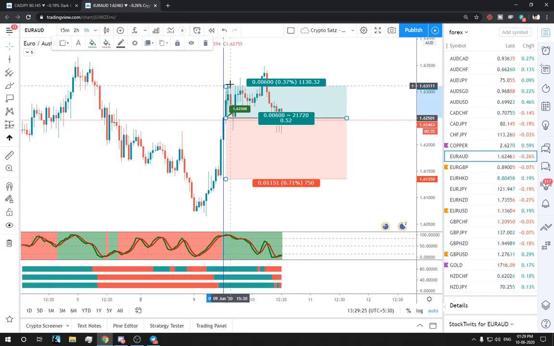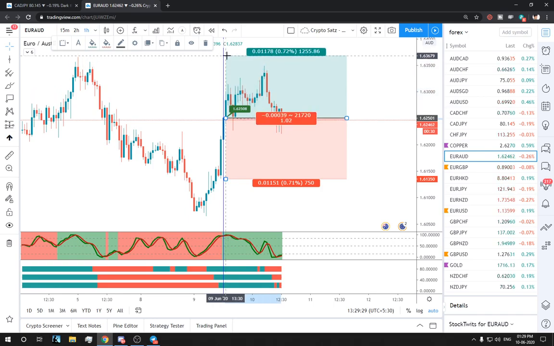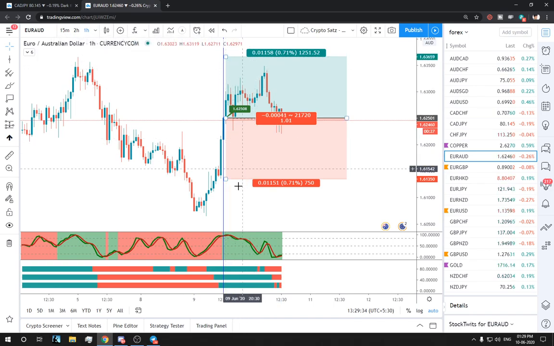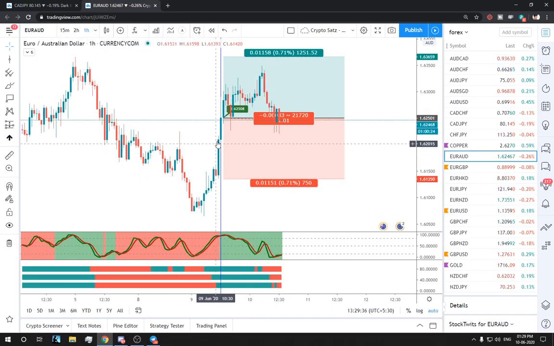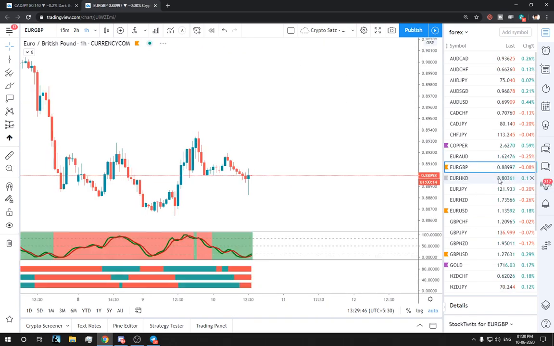So I would take this one from the 1-to-1, 0.71. It just missed by a few points. Yeah, so this is our trade setup for Euro AUD. So let's wait for this to complete.